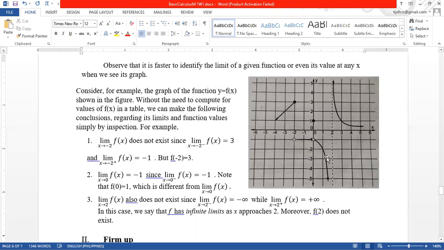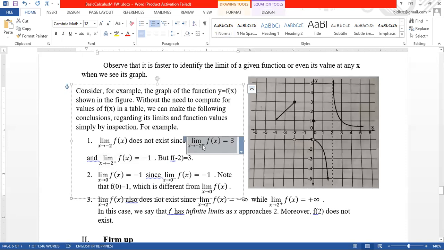So from the right, ato siya paingon sa negative 2. Asa napunta? Nasa negative 1. Pa-approach siya sa negative 2. Therefore, nasa negative 1. So makonclude na nato nga dili equal ang limit from the right ug limit from the left of f of x as x approaches negative 2.